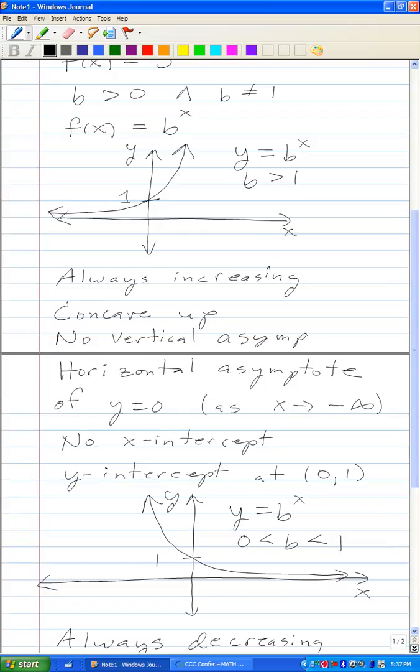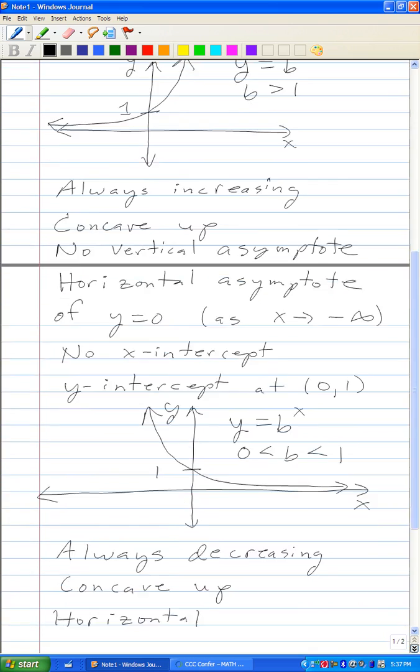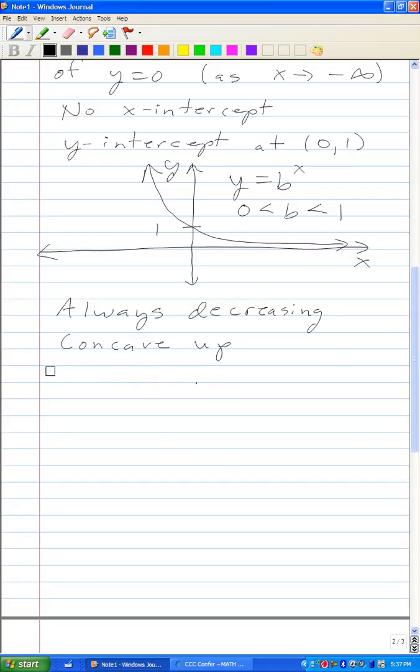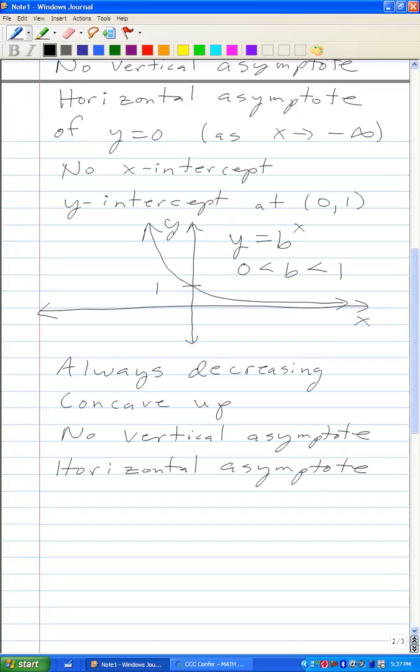No vertical asymptote. And it has a horizontal asymptote, the horizontal asymptote of y equals 0 as x goes to positive infinity.